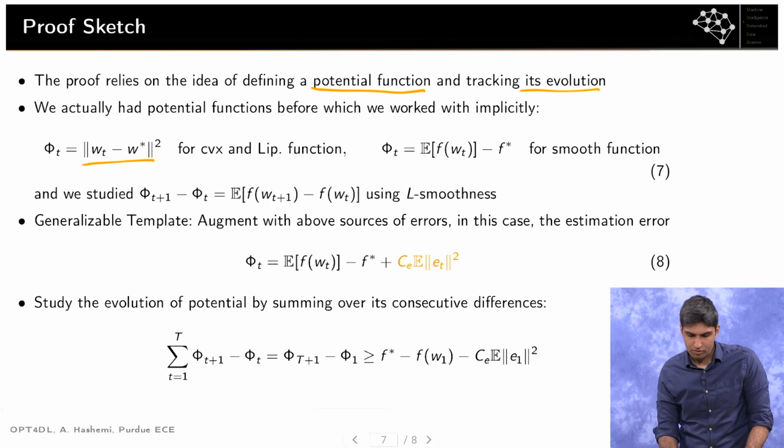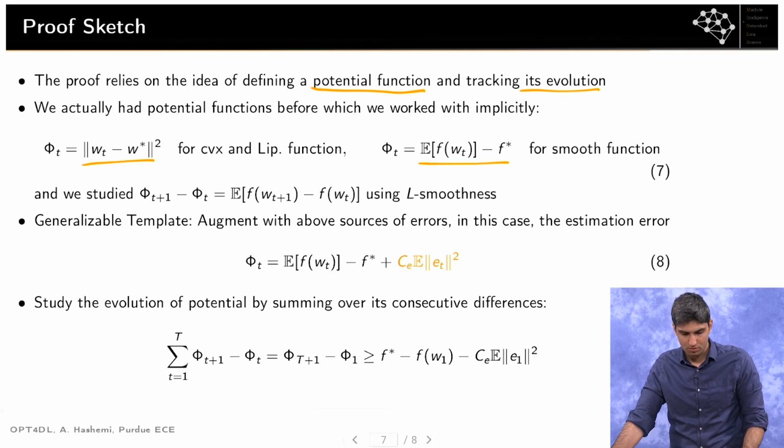Also, for a smooth function, we talked about the loss value. This was basically the potential function we used implicitly when we analyzed stochastic gradient descent.